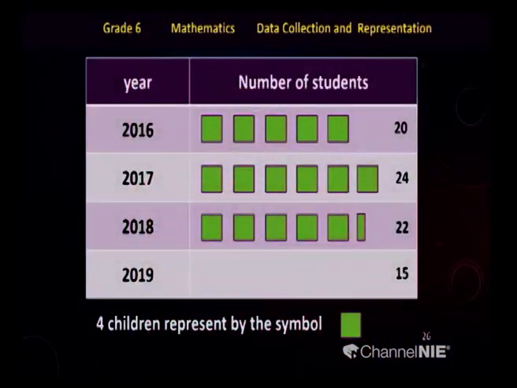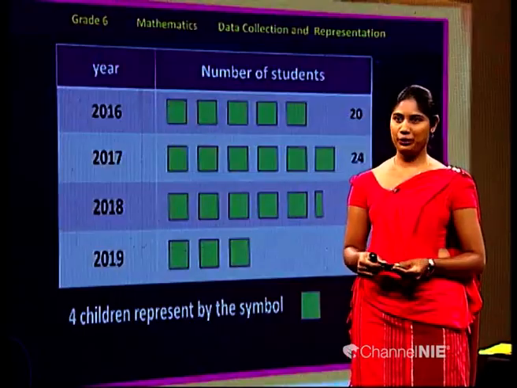Then 2019, 15 students we have to represent. How to represent 15, my dear children? You divide 15 by 4, and the answer is 3. That means you can use 3 squares. Then how many students do we still have to represent? 3 students.